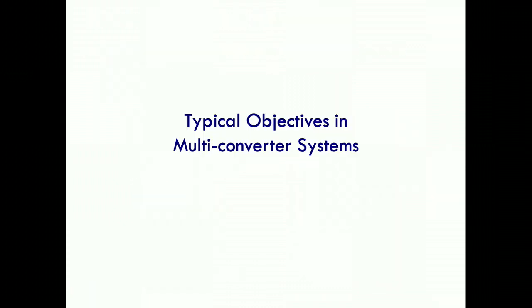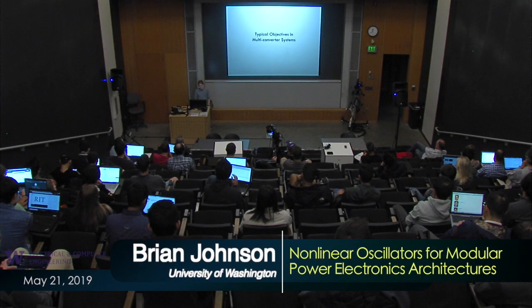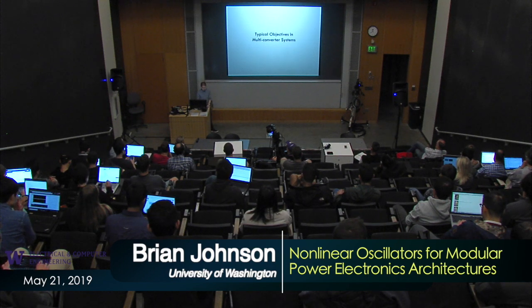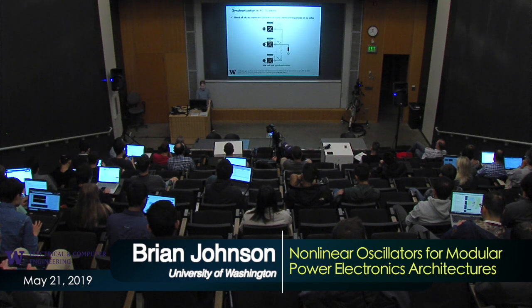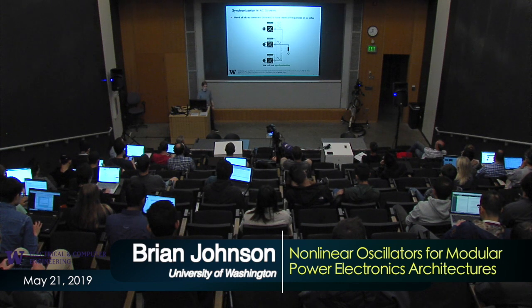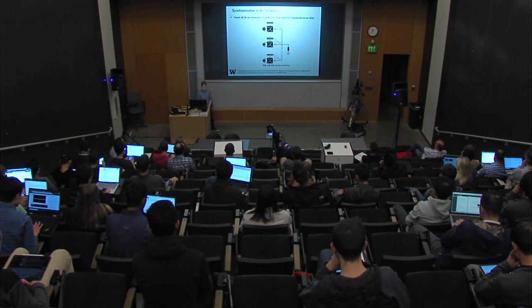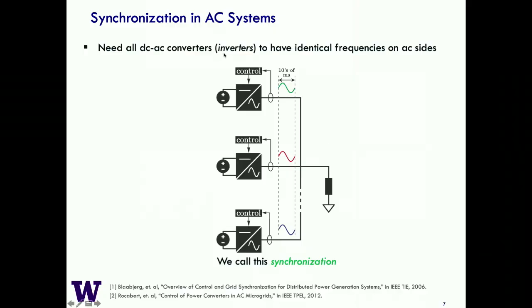Okay, so let's take a closer look at what you have to do in these modular systems. It really just depends on the application, but there's two key objectives I want to look at. The first one I want to discuss is what I call the synchronization problem. Suppose you have a bunch of DC to AC converters, and you want to have them work together in an installation.